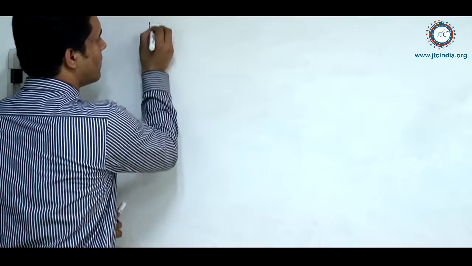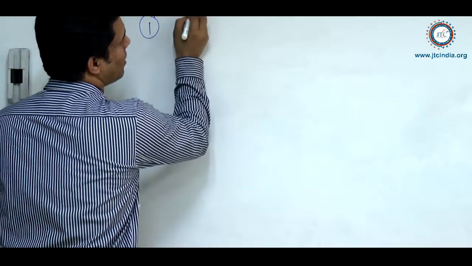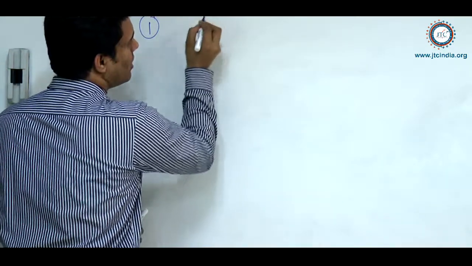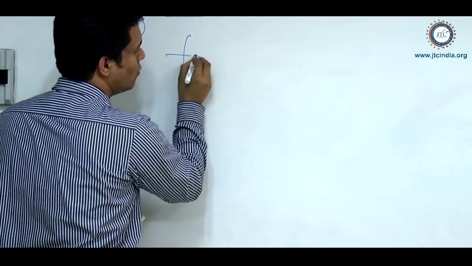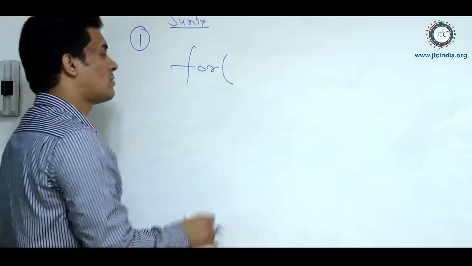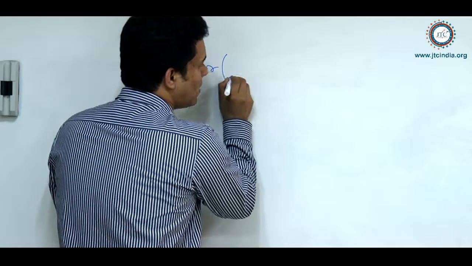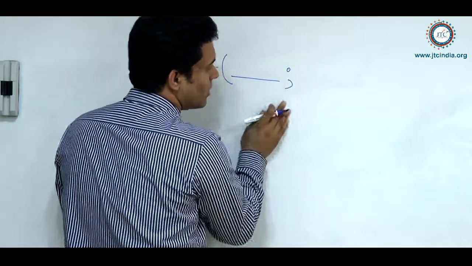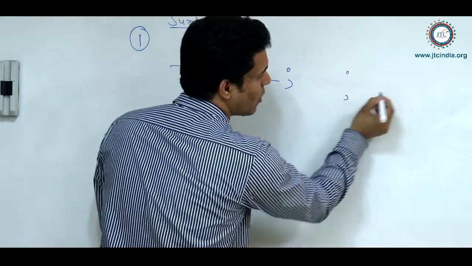Now here, number one, I'm writing the for loop syntax. In this syntax, there are mainly three parts in the for loop.